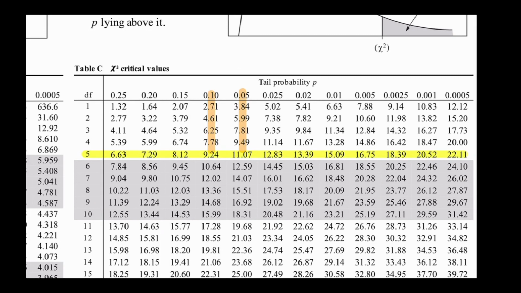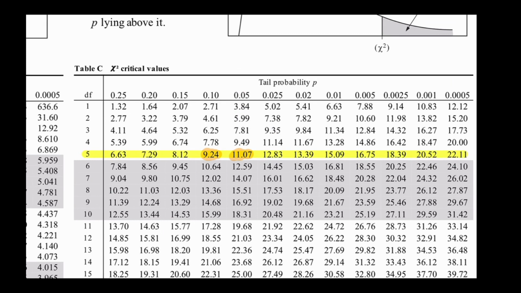5, oops, nope, wrong one. We are between 5 and 2.5%. Sorry, 9.8 is in between. Wait, no, I was right the first time. Sorry, I was looking at the wrong line. We're looking at this number here and this number here.